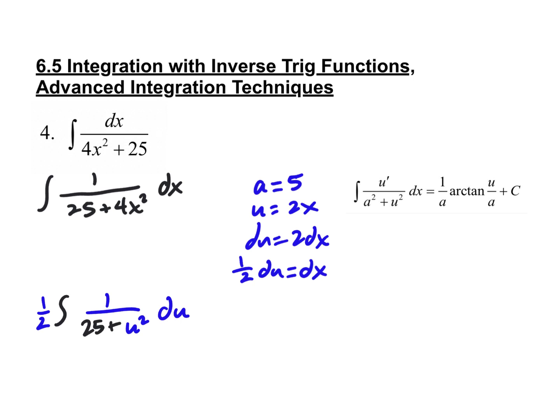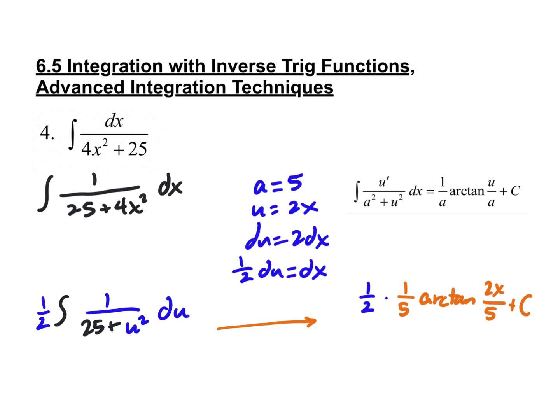So you see how we're combining some techniques together, right? And I color-coded it for you. 25 stays the same. Now my U is U, but U is really 2x. But I can use this to transform it into this form. Okay, so this can be used this way, and I just have this extra 1/2 out there, and then eventually I'll substitute back in. All right, so here's where we go.